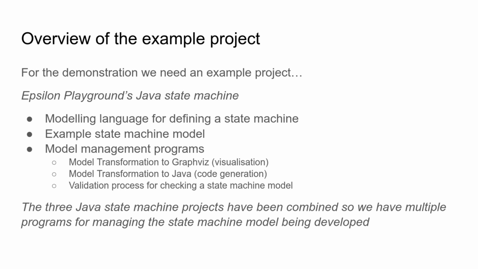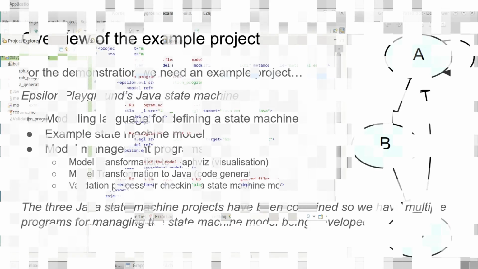The project that we'll be using is a combination of 3 of these projects brought together such that we have a program that performs a graph visualization of a model, produces Java code from the same model, and a validation that checks that a few rules have been adhered to when creating the model. These 3 Java state machine projects have been combined in a way that enables us to have multiple programs being executed against a model as if it was a larger MDE project.